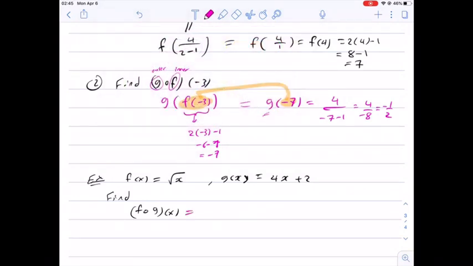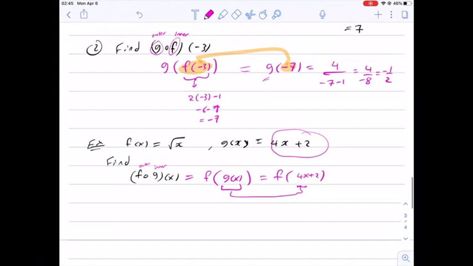To find this, we make this equal to f of g of x, where this is the outer and this is the inner. This is equal to f of what is g of x? g of x is 4x plus 2.